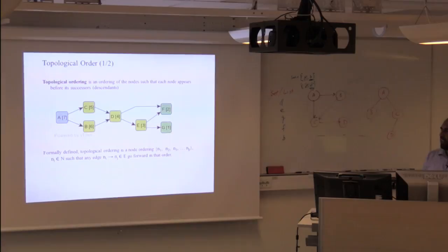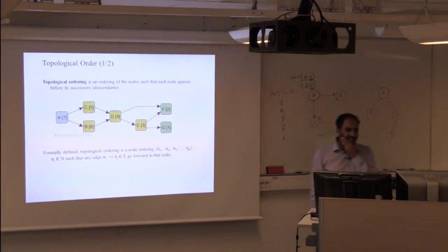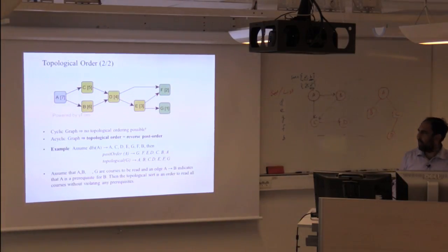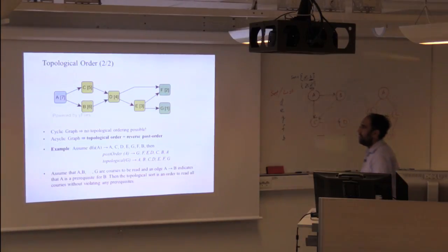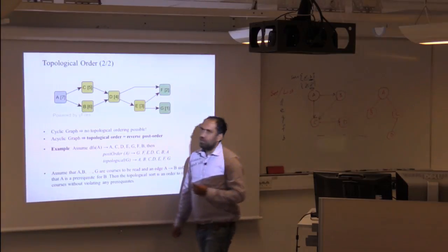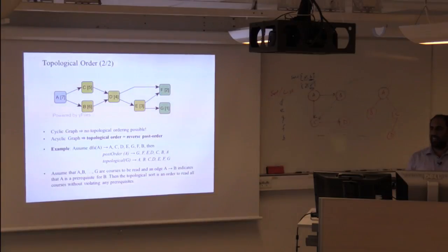And then we have a topological order. In this order, we visit the nodes in such a way that each node appears before its successors. And how can we do that? First of all, use the topological order to find out if there is a cycle or not.